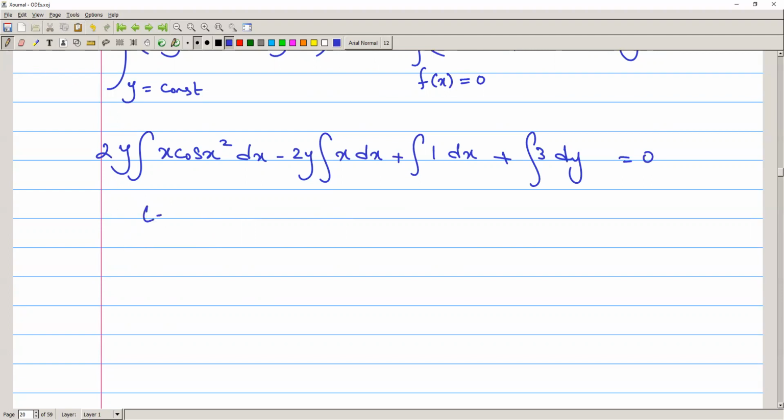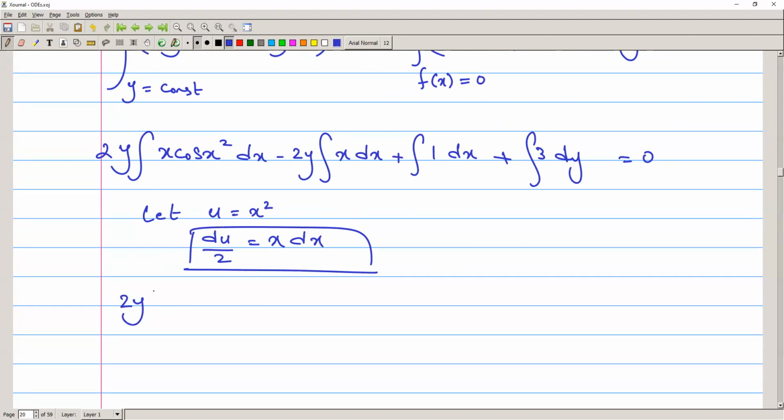Let u is equals to x squared, so du over 2 will be equals to x dx, therefore we can replace x dx here, so it will be 2y times cos u du over 2, which means 2 will cancel out and we will be left with y sine u, which means this is equals to y sine x squared.